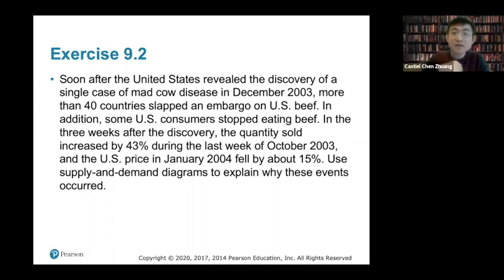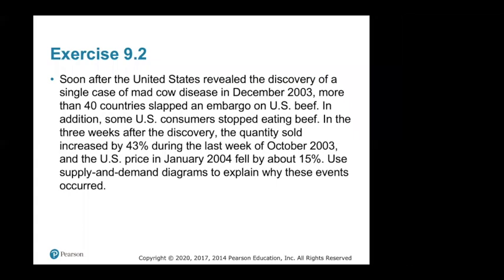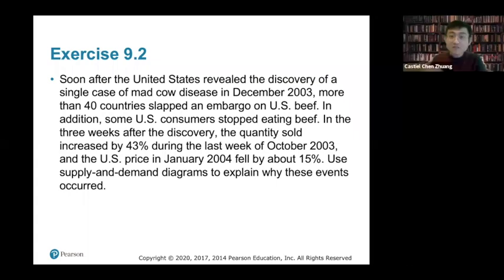So the supply to the domestic market will increase, but because of the potential health risk of eating the beef, the domestic demand will decrease. So now we know that the supply curve will move up while the demand curve will move down, right?